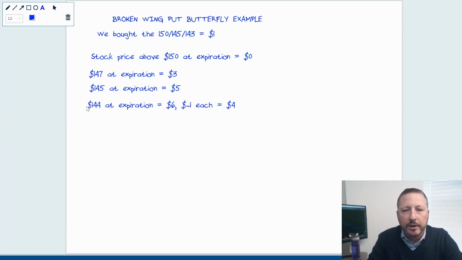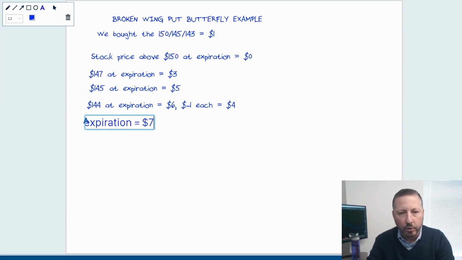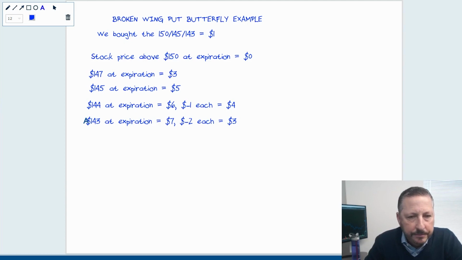So the value is going to be worth $4. At 143 at expiration, the long option, the 150, is going to be worth 7. The short 145s are worth $2 each for a value of 3. Now, that's going to be our magic number, which I'll work through here in a moment.